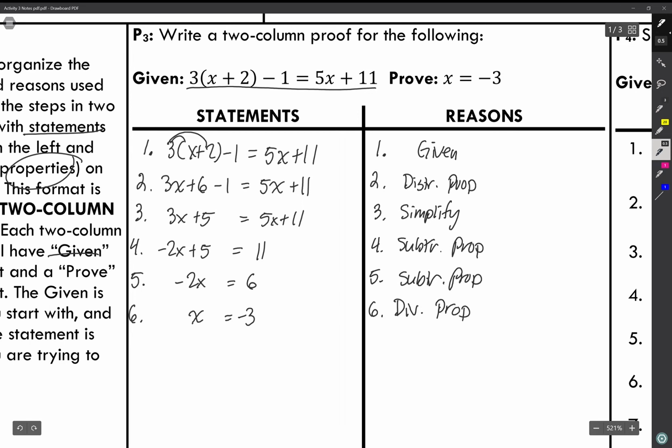And of course, guys, you could have done this in more than 6 steps. That's fine, but that's what I did. Okay, I went ahead and did it in 6 steps. If you work this out and you did it in 8 steps, and you showed every step and got the properties right, that's completely fine. Okay, that's the beauty of proofs, is that they're different. It makes it harder for me when I grade your work because I have to make sure you did everything correctly.